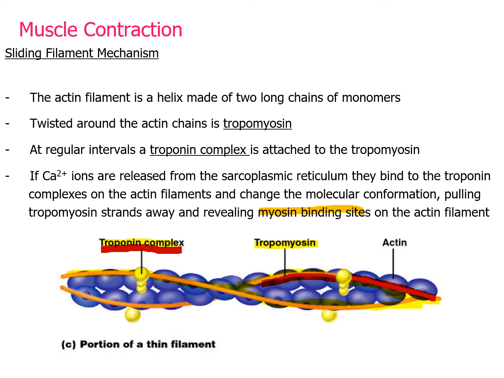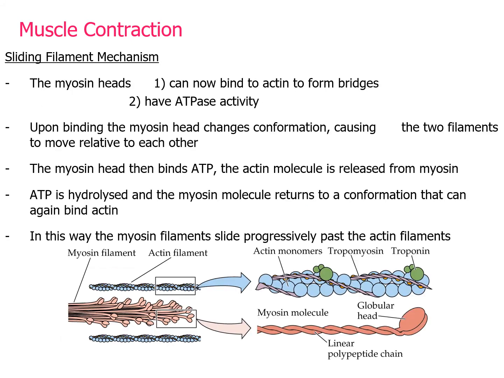So on that thin filament, you not only have those two long chains made up of actin monomers, but you also have that long structure of tropomyosin that's covering the myosin binding sites. And the troponin complex is what calcium interacts with, causing a shape change and a rotation away of the tropomyosin, revealing the myosin binding sites.